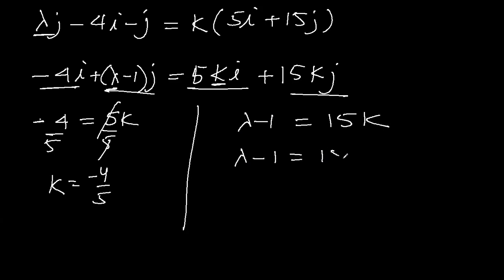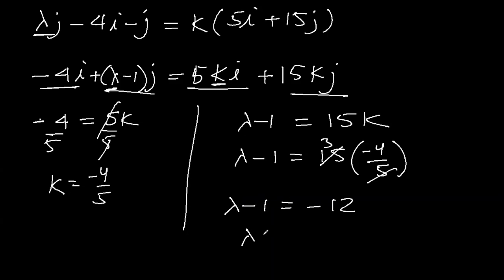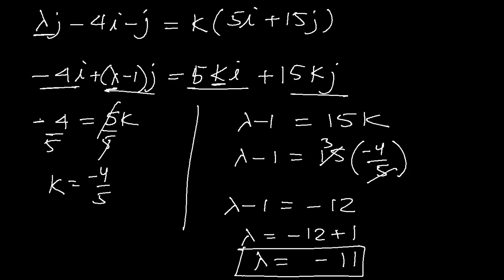Lambda minus 1 will be 15 times k. We just got minus 4 over 5. This cancels 3, so lambda minus 1 is equal to minus 12. Lambda equals minus 12 plus 1, which is minus 11. This is the value of lambda.